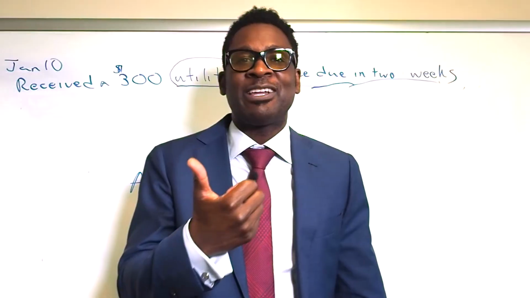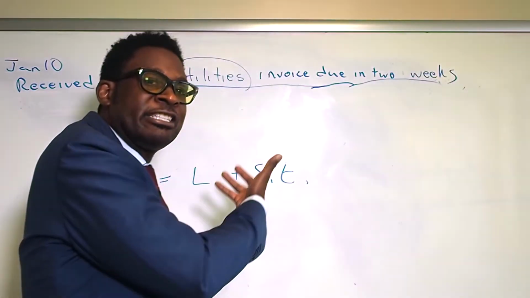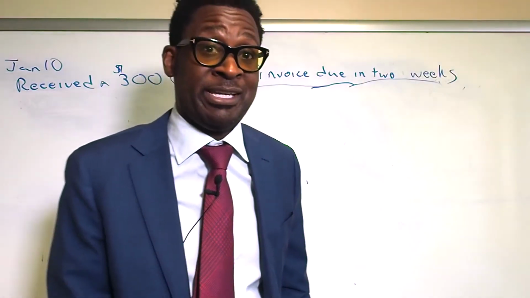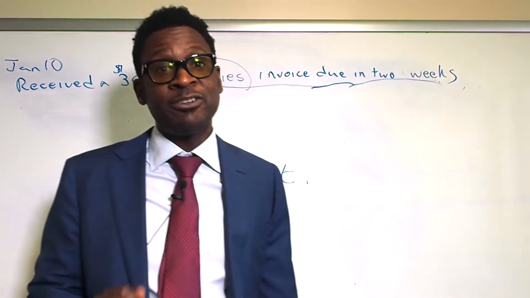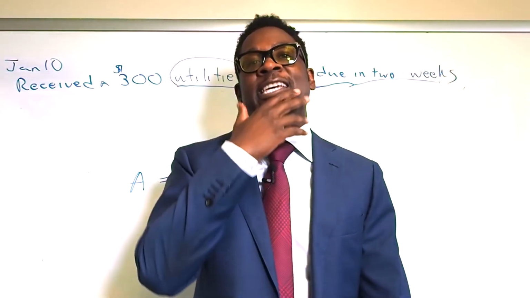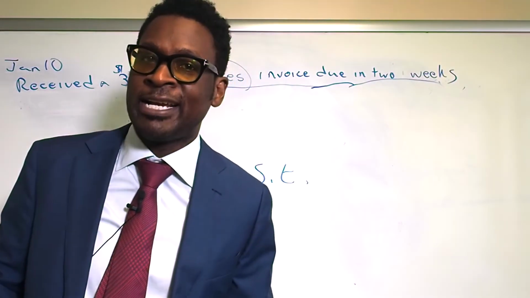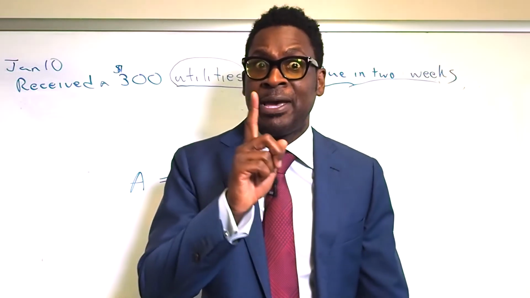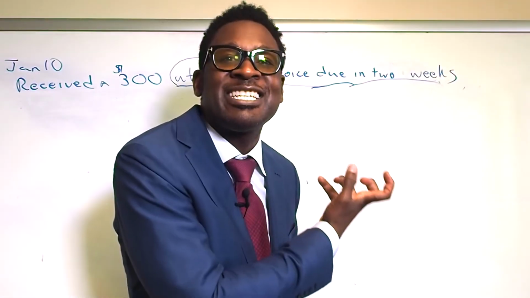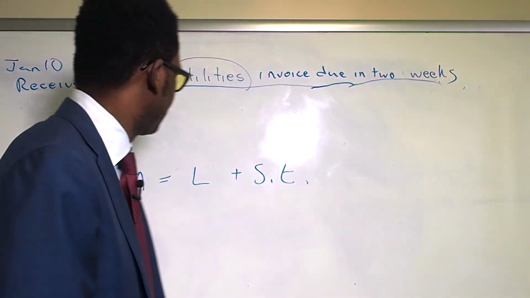Liability. We have a liability on this utilities bill, or should I say, this utilities expense. So since we haven't paid on this utilities expense yet, a liability must be created. And so we know most of those last names of those liabilities are going to be payables. We're going to affect utilities payable.